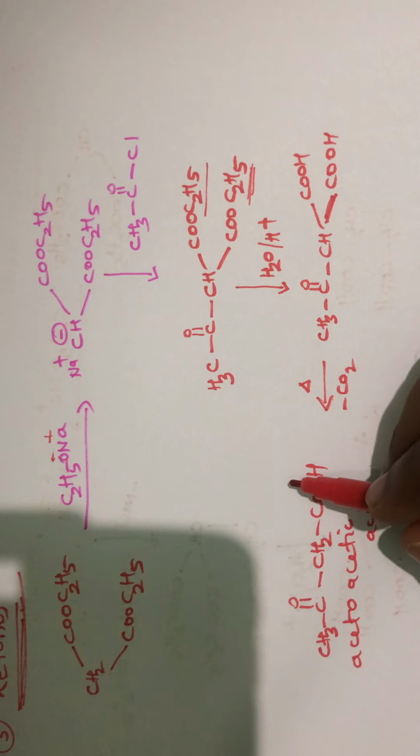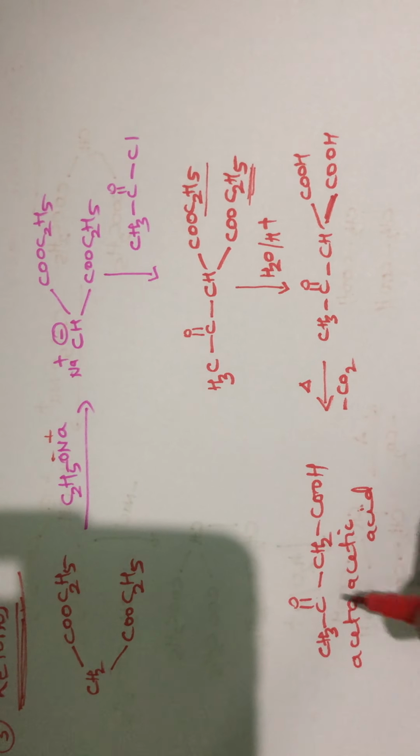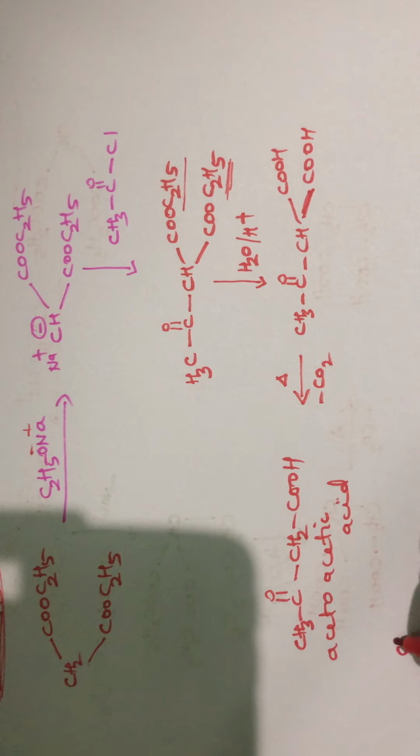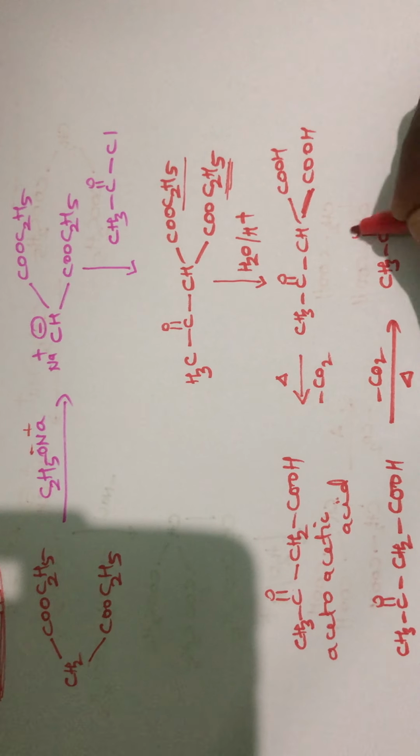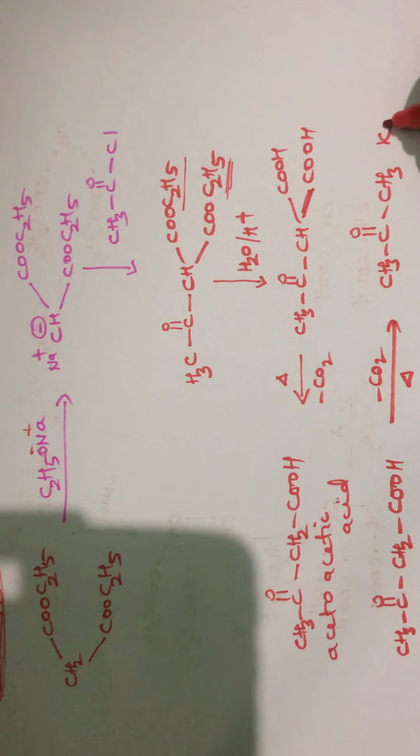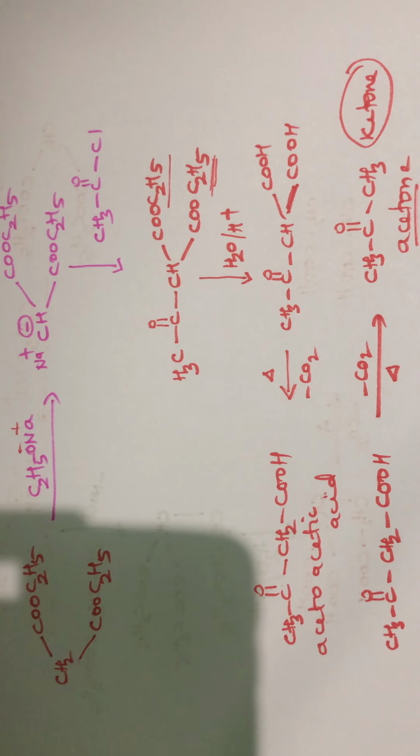So this keto acid, CH3C(=O)CH2COOH, on further heating undergoes decarboxylation again to give this compound. A ketone is formed. This is acetone. This is the method of preparation of ketone by using diethyl malonate.